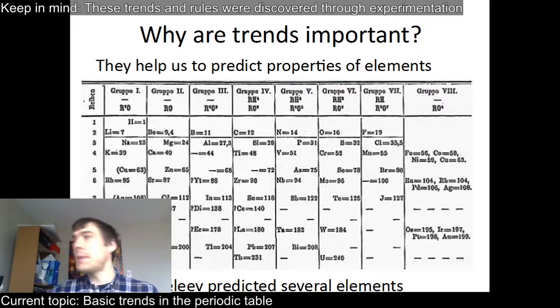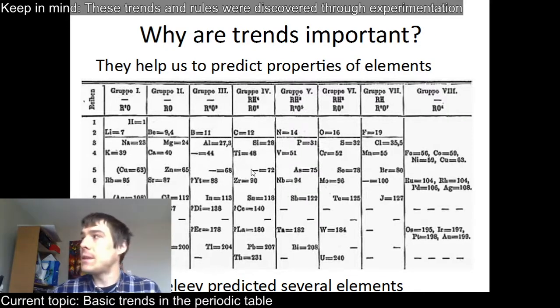So, for example, Mendeleev actually predicted the existence of several elements. You see these dashes in his table. These dashes are elements that he said should exist, but haven't been discovered yet.